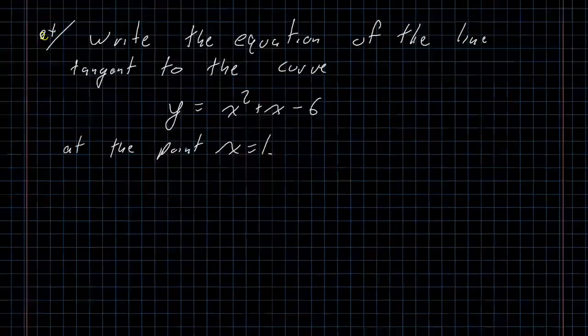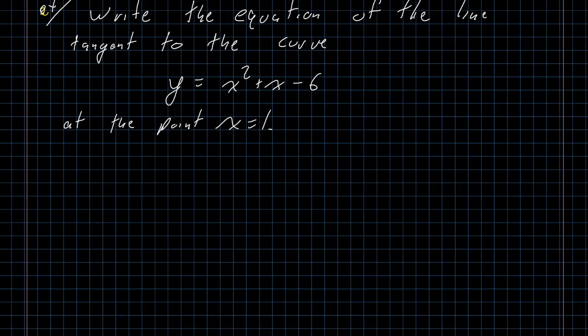This is a task that is very common in a calculus of a single variable course. The first thing we want to do is evaluate. y of 1 is going to be 1 squared plus 1 minus 6, which comes out as negative 4.